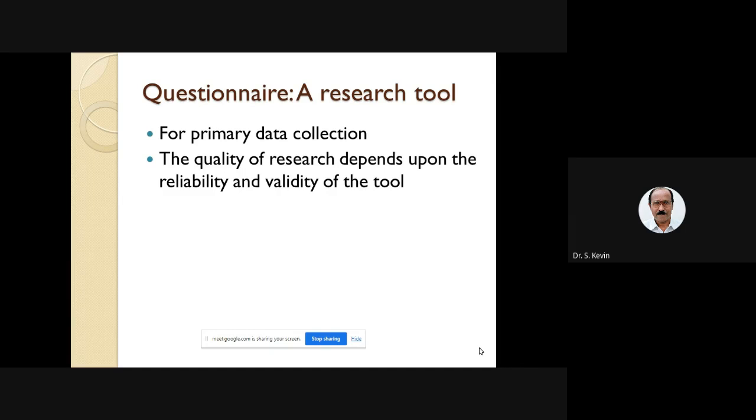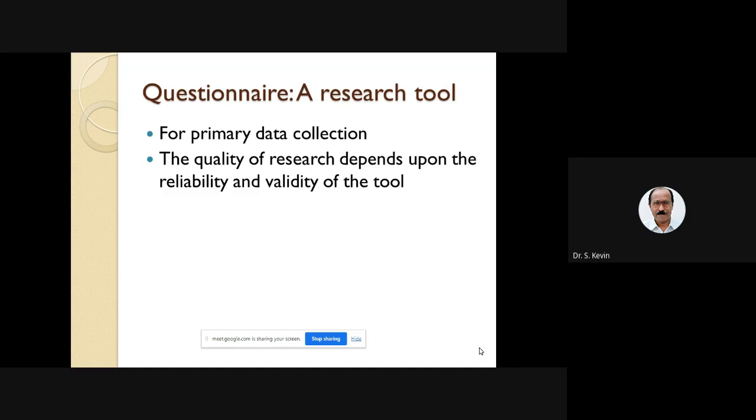Two words: reliability, validity. At the end of the session, we will explain the meaning of reliability and the meaning of validity. So the questionnaire should be reliable and valid. Only then will you get the correct data for our research, because you can get any kind of data and analyze it, but that will not give you the result that we are expecting.